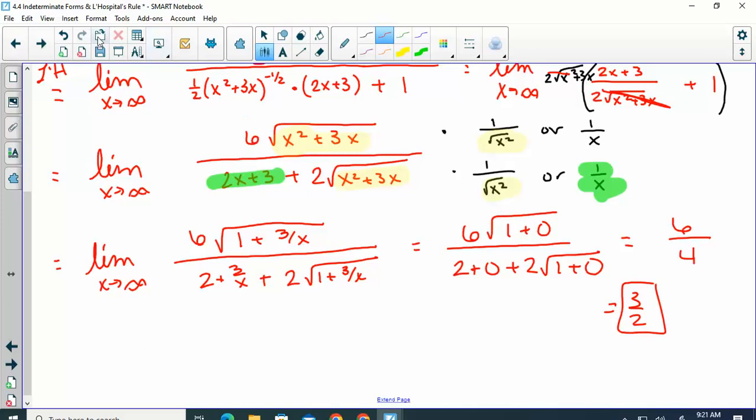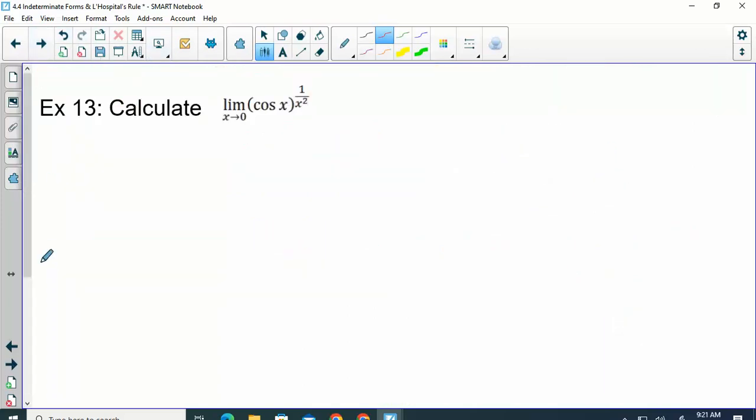I think I'm going to do one more, and I'm going to give you guys some time to work. Cosine of 0 is 1. 1 over 0 is going to infinity. 1 to the infinity power, can we do that?